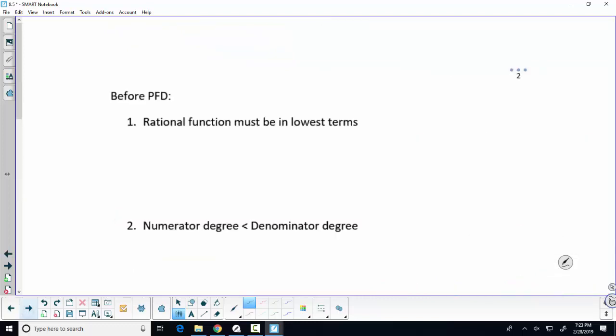Before partial fractions, though, you've got to make sure that it's in lowest terms, which means that the degree of the numerator is less than the degree of the denominator. And what we're talking about especially with partial fraction decomposition is rational functions, a polynomial over a polynomial.